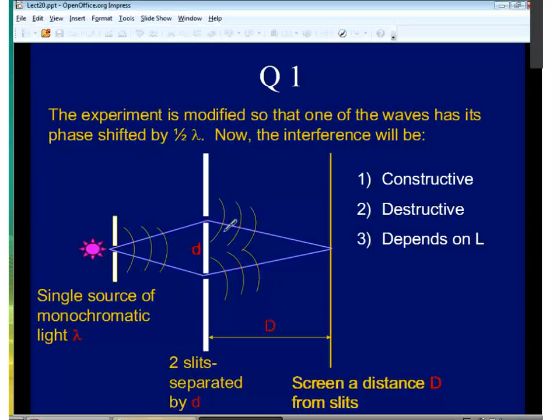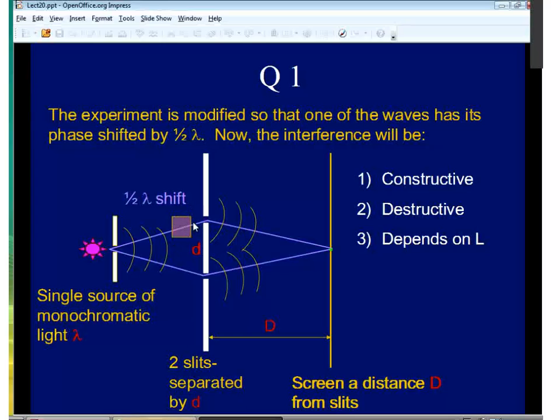So you can possibly insert something here, and that thing, because of its refractive index, creates some optical break. So that shifts the phase by pi. So if you have pi phase angle at that location, now there is going to be destructive interference.